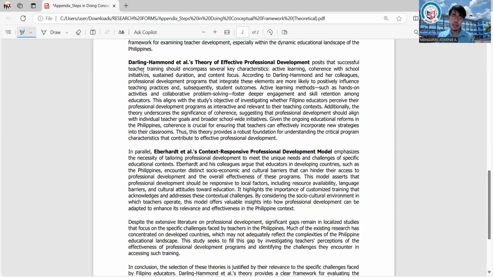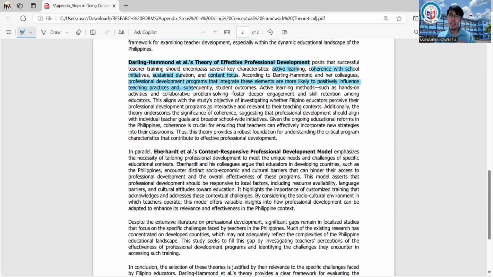So nakalagay dito, Darling Hammond et al.'s Theory of Effective Professional Development posits that successful teacher training, so maliwanag, should encompass several key characteristics such as active learning, coherence with the school initiatives, sustained duration, and content focus. And then they discuss here ano ba yung importance ng professional development programs, okay, with the discussed element that we have.